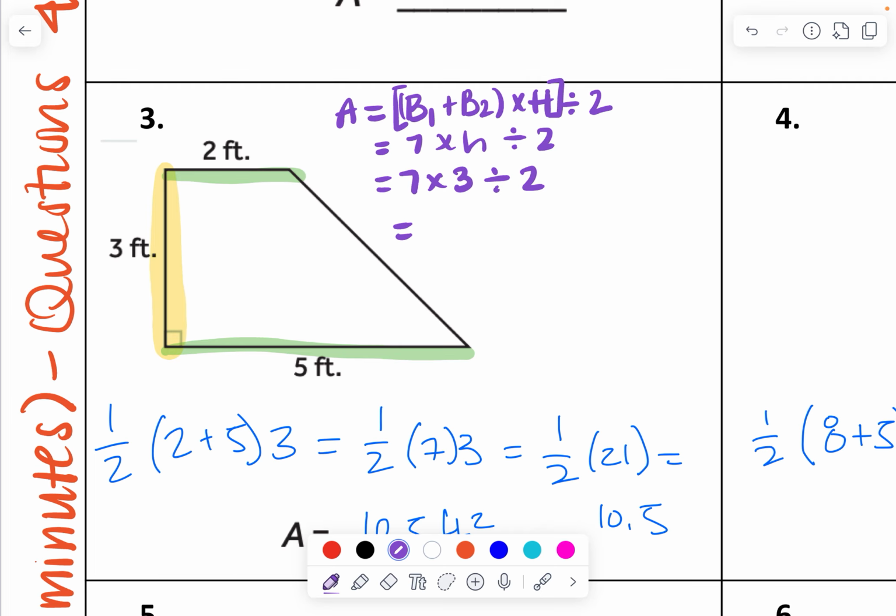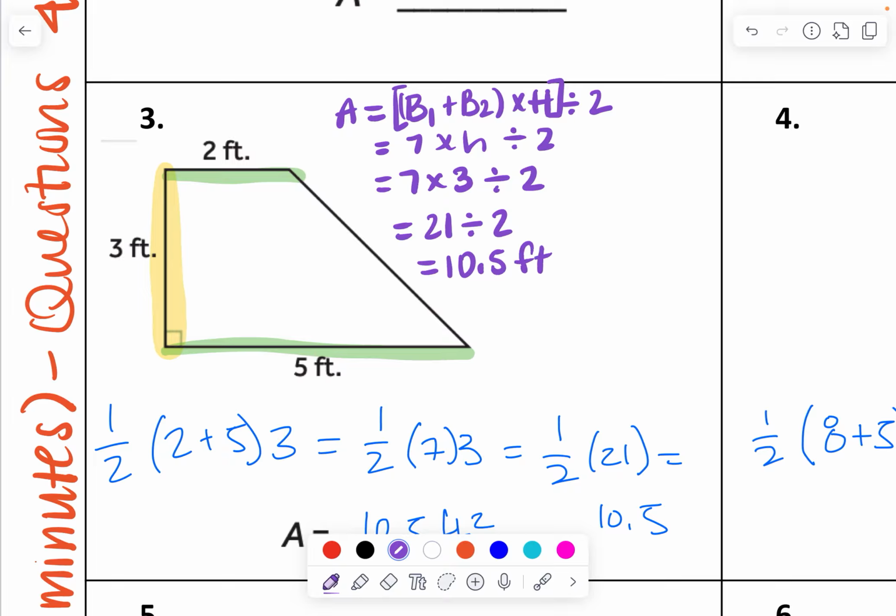7 times 3 is 21. 21 divided by 2 is 10.5. What is our unit?